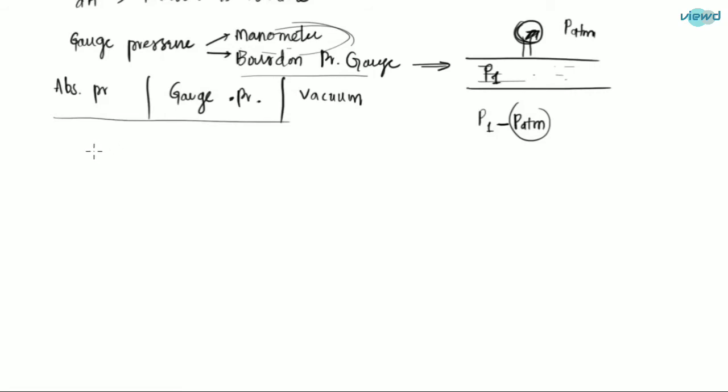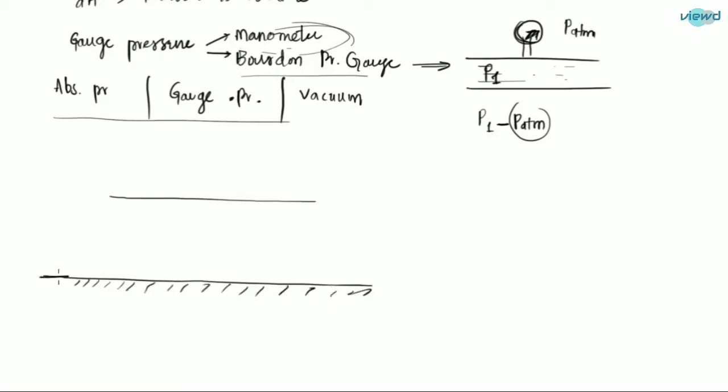So let us understand this with the help of a graph. Any pressure can be represented in this graph. This is P absolute, which is equal to 0. Zero absolute pressure is this one, and the atmosphere has a pressure, and this is the line of atmospheric pressure. This is P atmospheric.